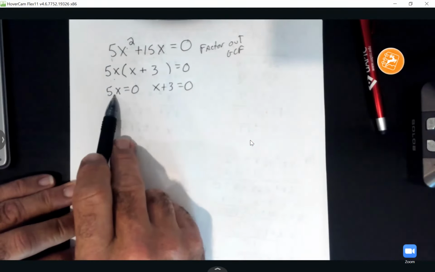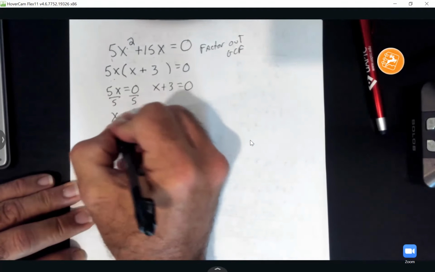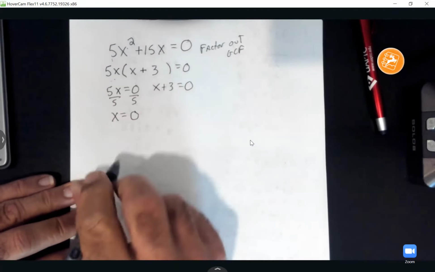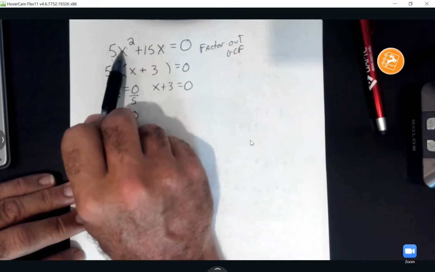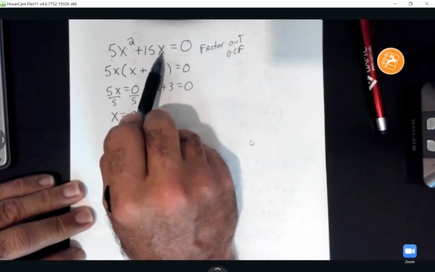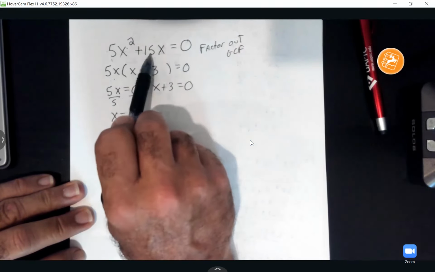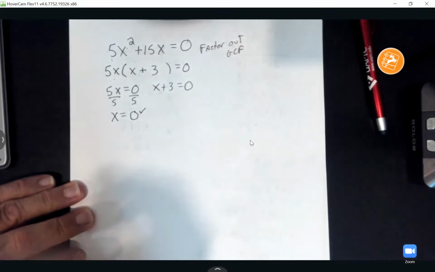So y'all solving this first one, we just divide both sides by 5. And guess what? I get x is a 0. So if you put a 0 here, 5 times 0 is 0. 0 here, 15 times 0 is 0. And 0 plus 0 equals 0. So 0 can be an answer.